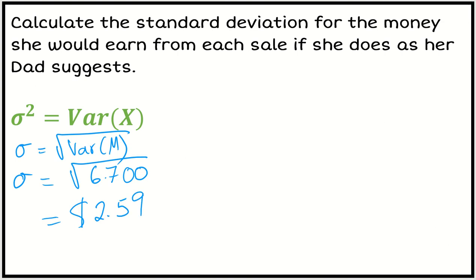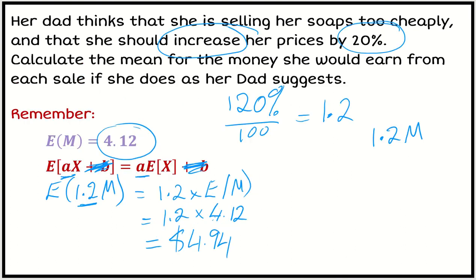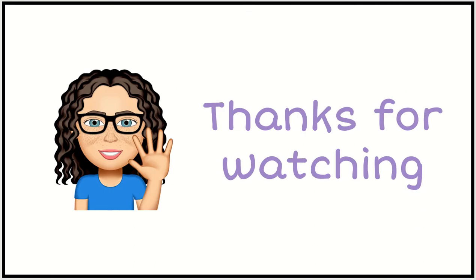So if she does as her dad suggests, she would get a standard deviation of $2.59, a variance of 6.70. Remember, there are no units on variance, only on the standard deviation and the mean, and we get a mean of $4.94. Thanks for watching.